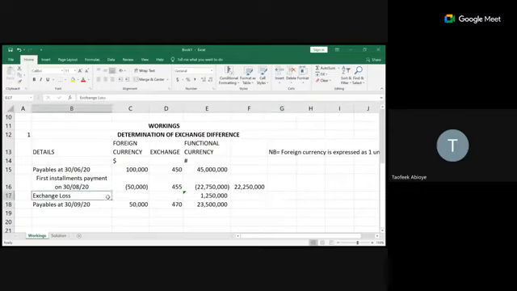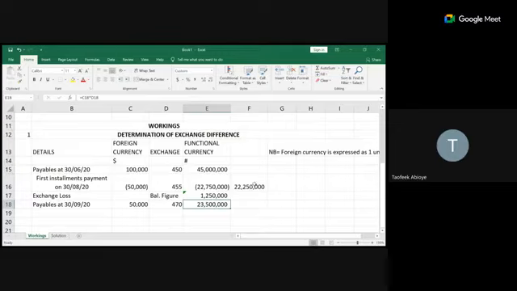This exchange loss is usually a balancing figure. They call it balancing figure. It is the difference between what you paid and what you are supposed to pay. So what you paid is the amount you are owing, but this is what you are supposed to pay.